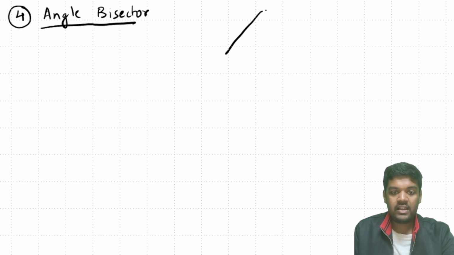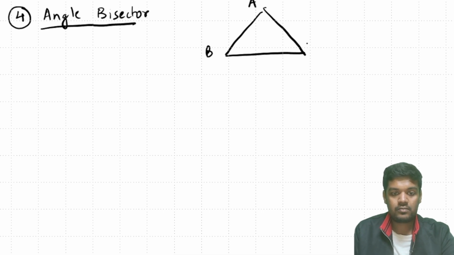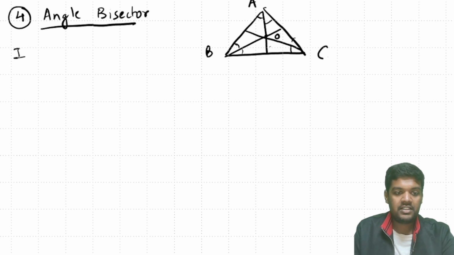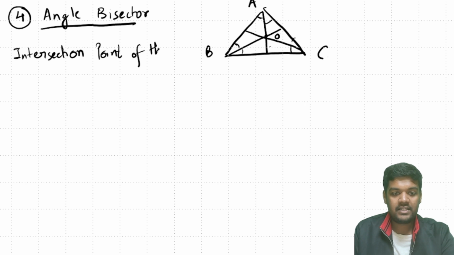So if this is a triangle ABC, and let's say these are the three angle bisectors, and let's say they meet at point O. So the intersection point of the angle bisectors is called incentre.